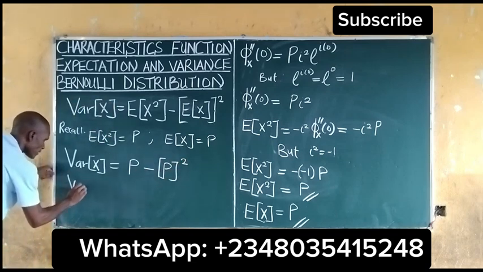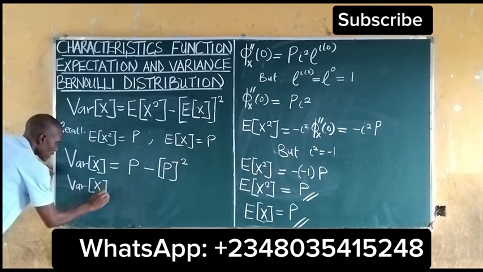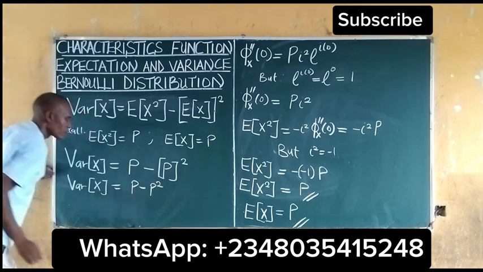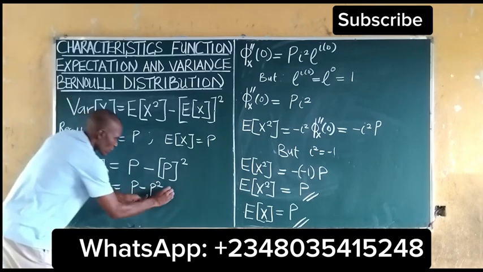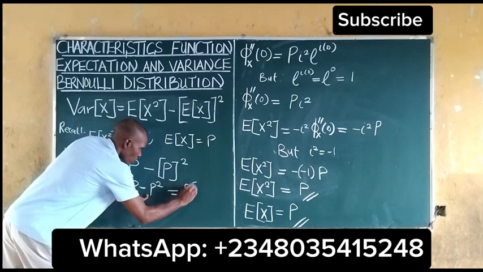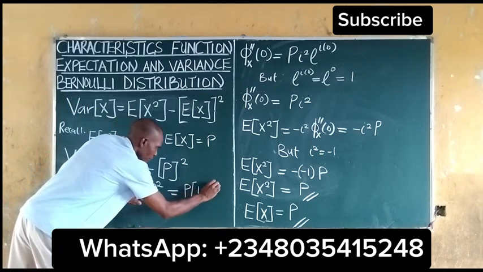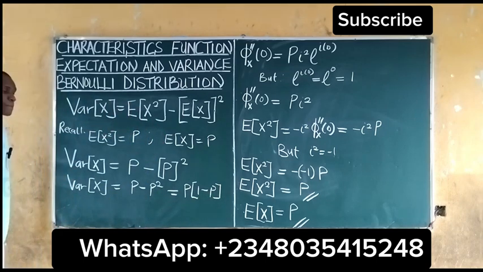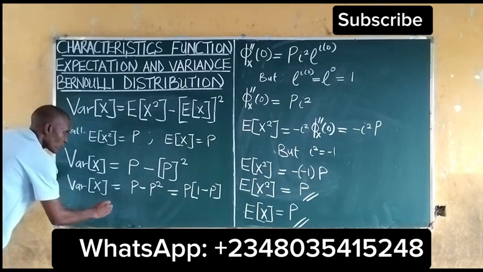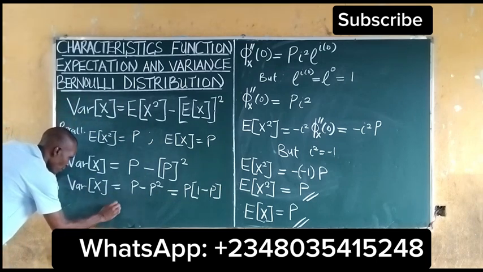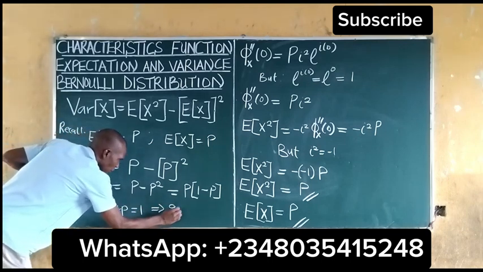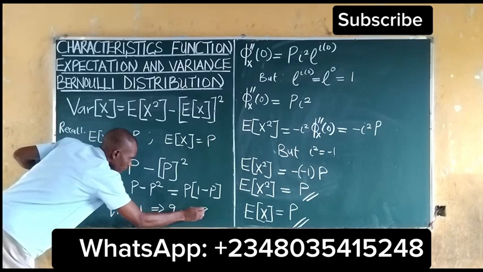So our variance is equal to p minus p squared. Of course, we can also open this to give us p times 1 minus p. But from probability theory, we know that if q plus p is equal to 1, which implies that q is equal to 1 minus p.